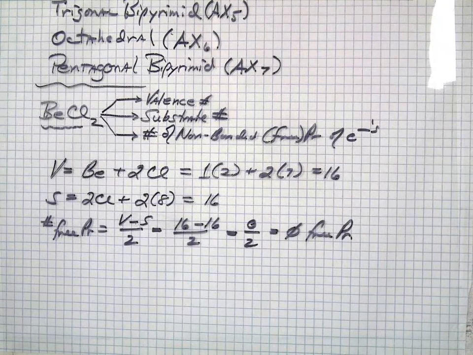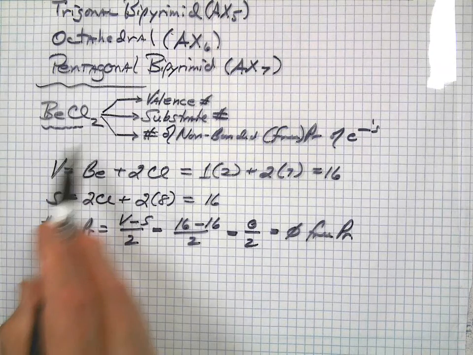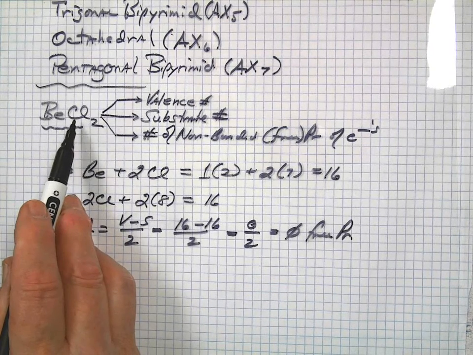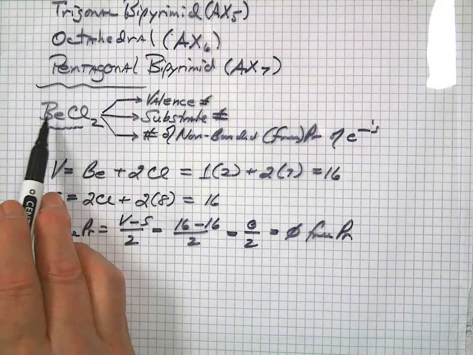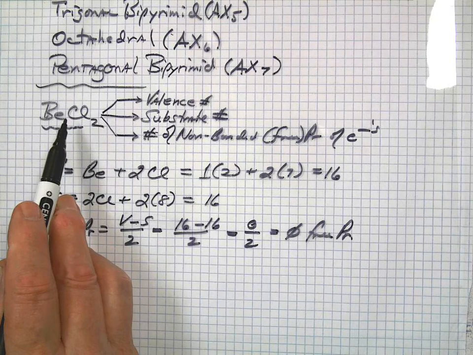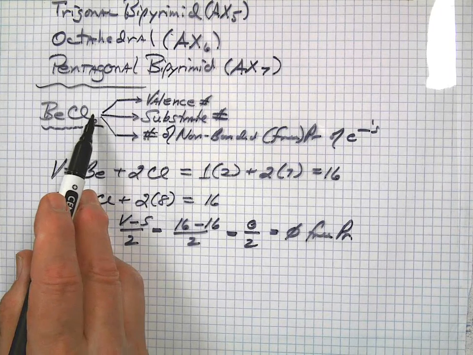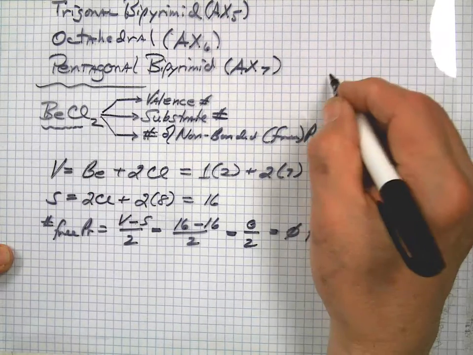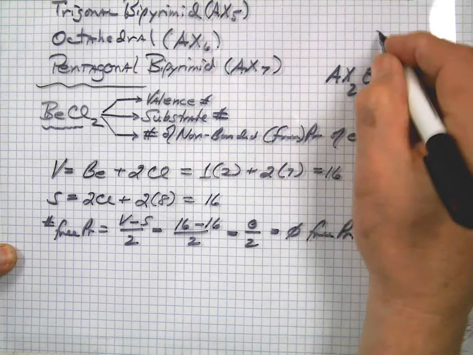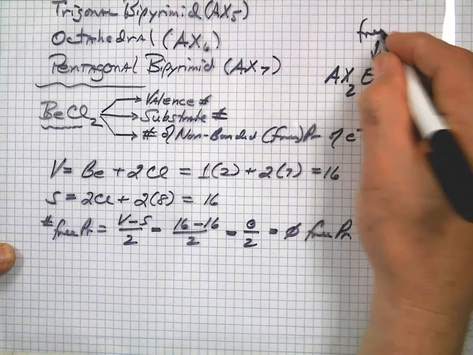Now, in the designation of this structure, you have a central element and 2 substrates, which are your chlorides. Listen to me carefully. If we had a non-bonded pair, it would be listed out here on the end. Here is an AX2, and that would be a designation for free pair.